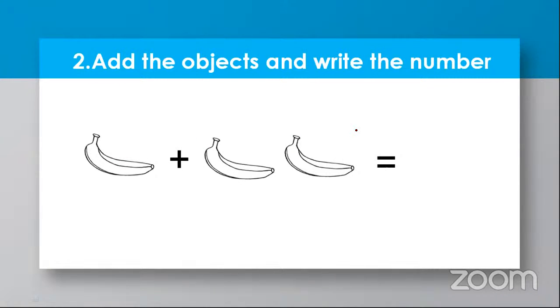You calculated in your head. Wow, you're very clever. Thank you. But we can also just simply count them and say 1 banana, 2 bananas, 3 bananas. And then we write here our number 3. Thank you very much. I think you can see our exam was so easy.